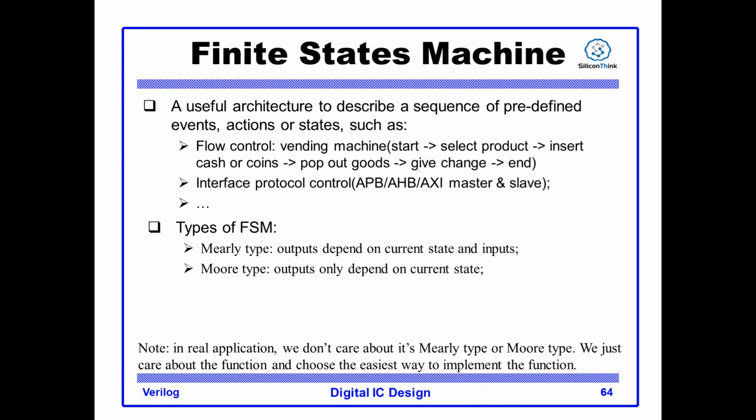For state machines, there are basically two types of finite state machine. The Mealy type, that is, the output depends on the current state and its inputs. And the Moore type, that is, the outputs only depend on the current state.